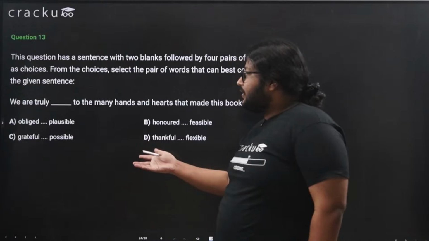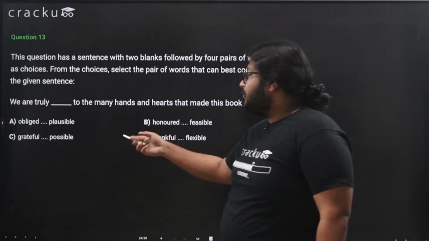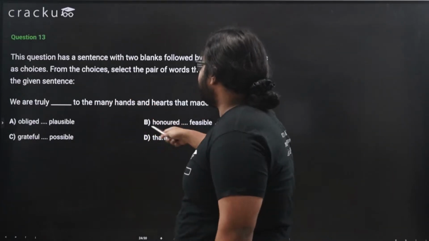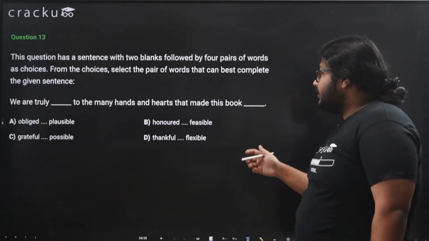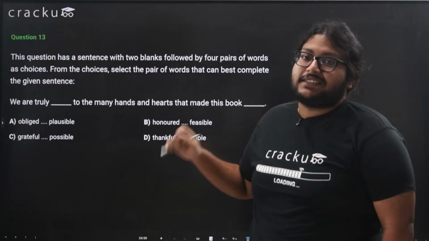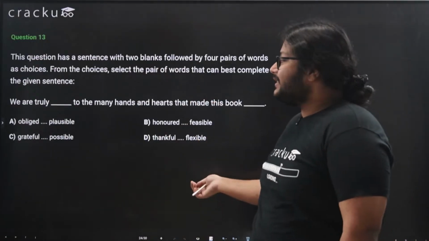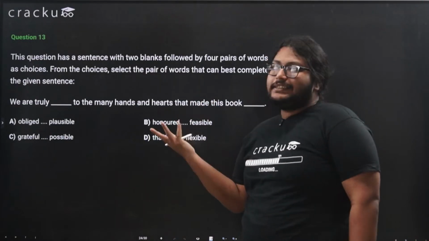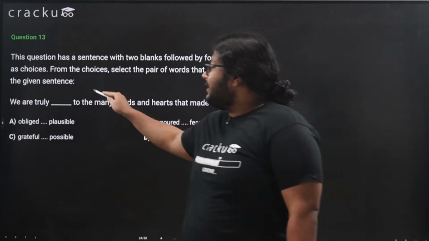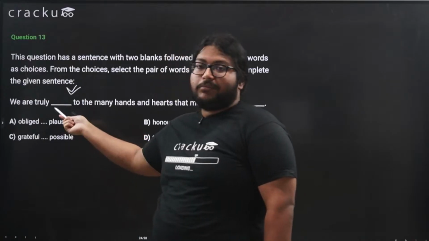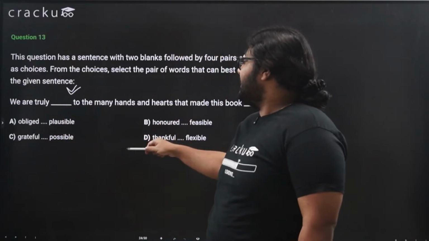Okay, so in this question, we are truly dash to the many hands and hearts that have made this book dash. This is one of those cases where reading the sentence, we don't really understand a lot about what kind of word we want here. So, we are truly thankful, grateful, something maybe, to the many hands and hearts.